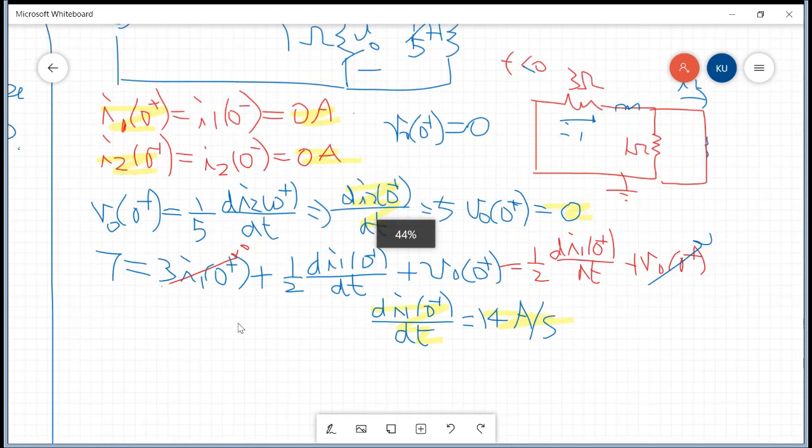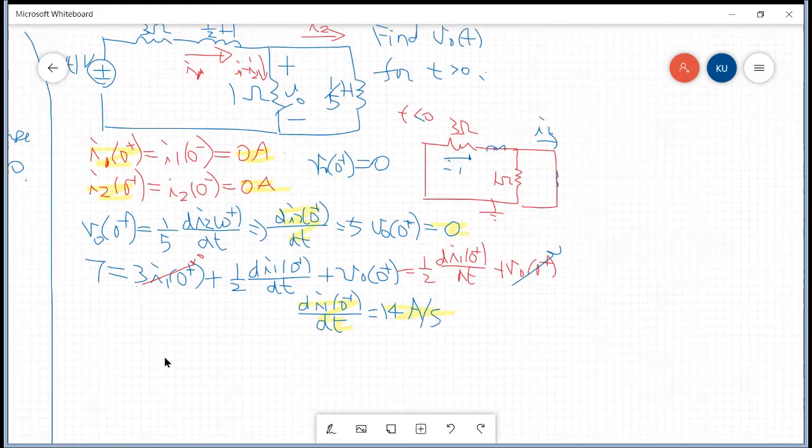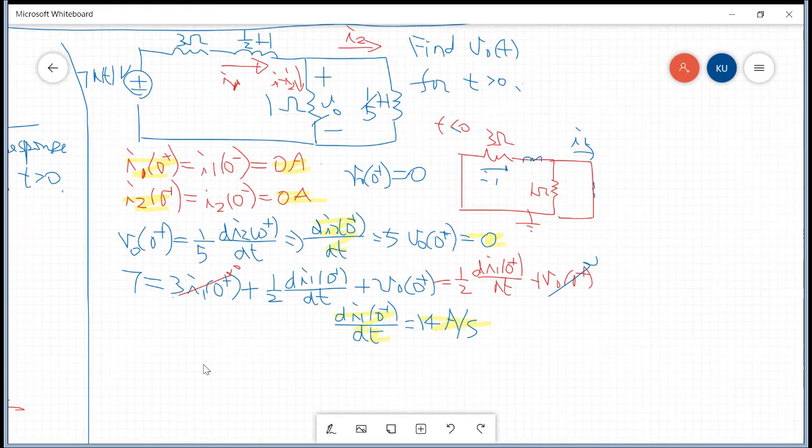So now we can try to write the ODE about this circuit.